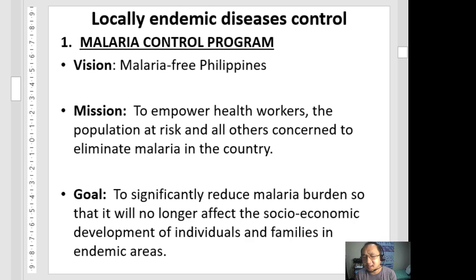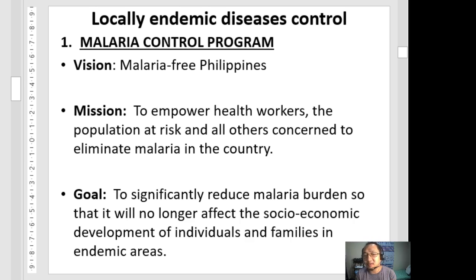So when we say malaria, it is an infectious disease which is usually carried by a mosquito. Based on your readings later on, one of the most common carriers is the Anopheles mosquito, the female Anopheles mosquito. And the causative agent is a plasmodium, which is usually familiarized by four strains.